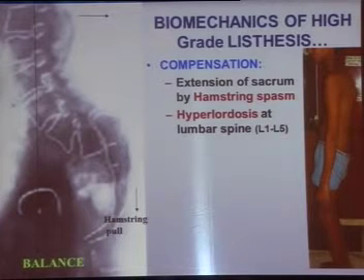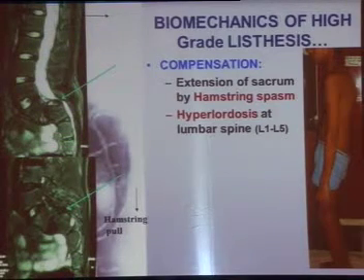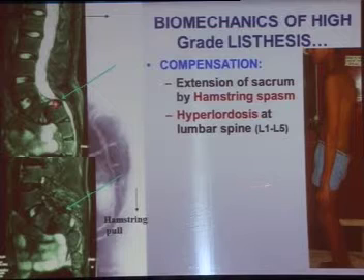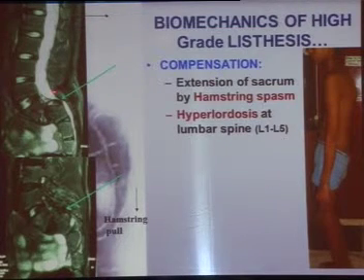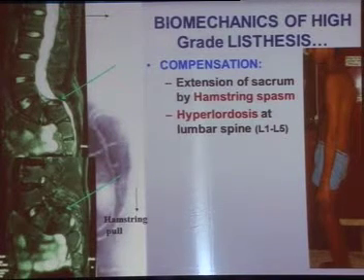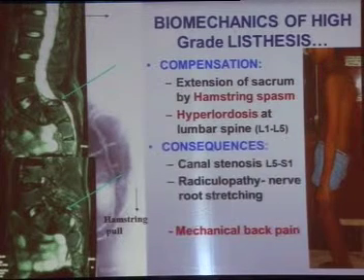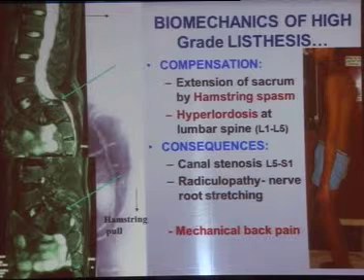Also, a compensatory mechanism happens, and there is an increased lordosis above this kyphosis at the lumbosacral junction. Also, because of the high-grade slip, the spine protrudes forwards. There's a local pinching of the spinal canal, a local stenosis, which is central as well as lateral, and gives rise to radiculopathy and nerve root stretching.